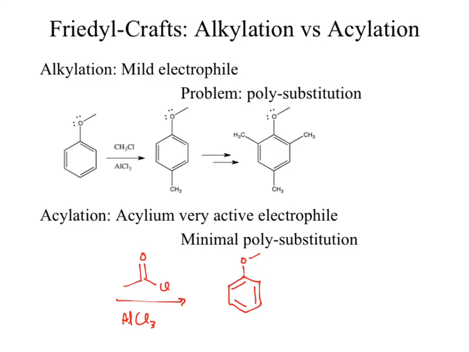Don't all shout it out at once. We would expect our para or ortho positions, and at that position we would expect the acyl group. Everybody relatively okay with that?